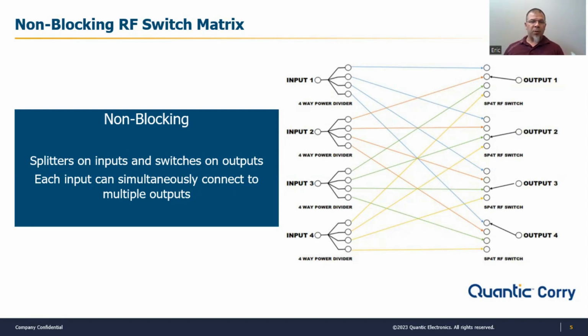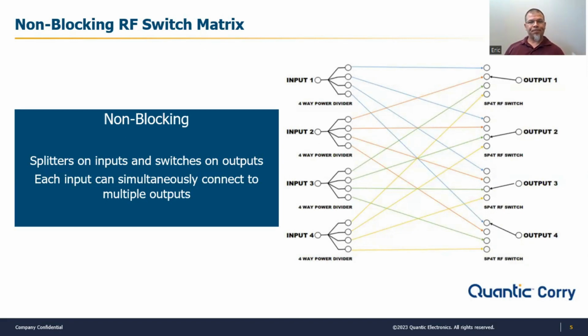So the splitters allow you to route one input to more than one output. Said differently, each input can simultaneously connect to multiple outputs.